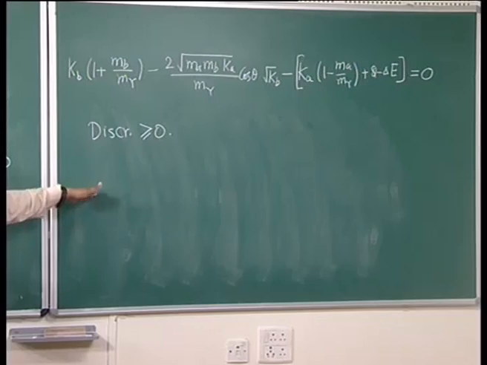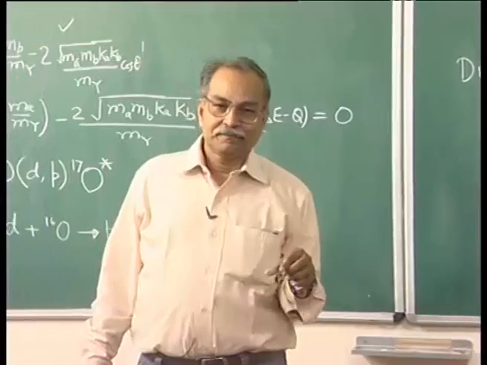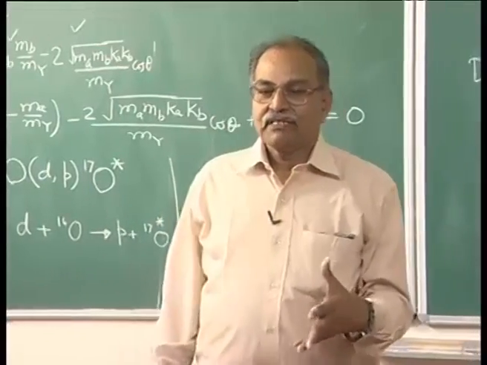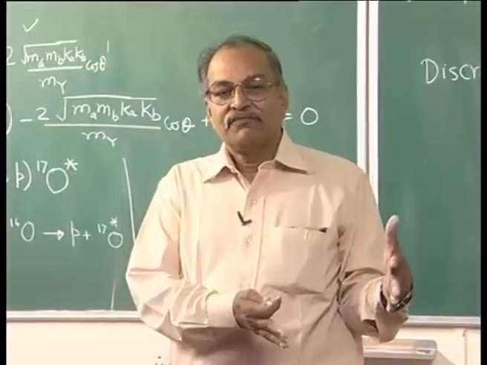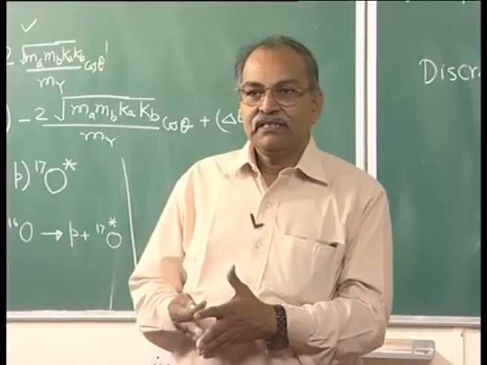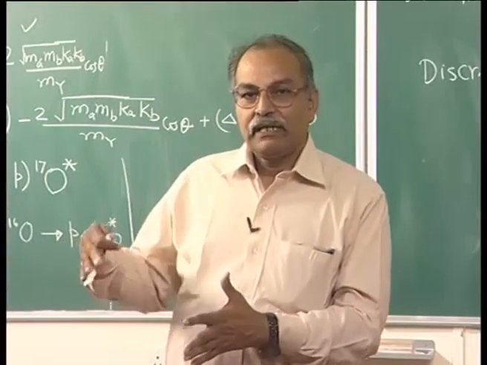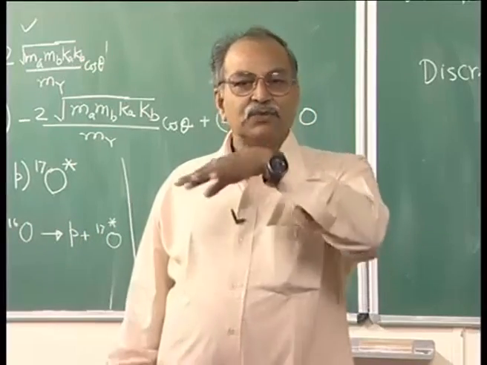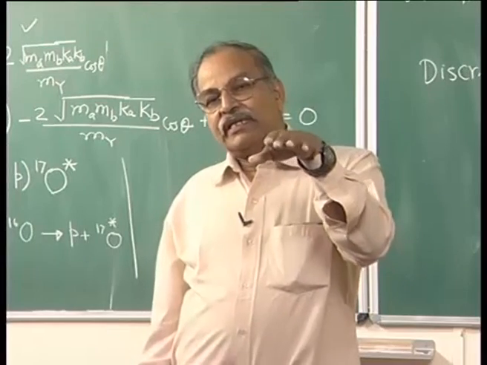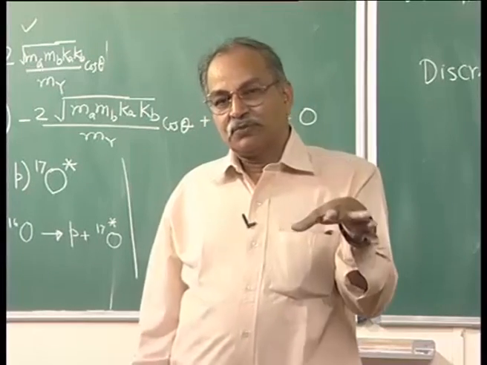What you will find is, if this Q value happens to be positive, that means the rest mass energy of the final products is small and the rest mass energy of the initial products is larger, then there is no threshold, there is no minimum limit on K_A, any K_A will do.